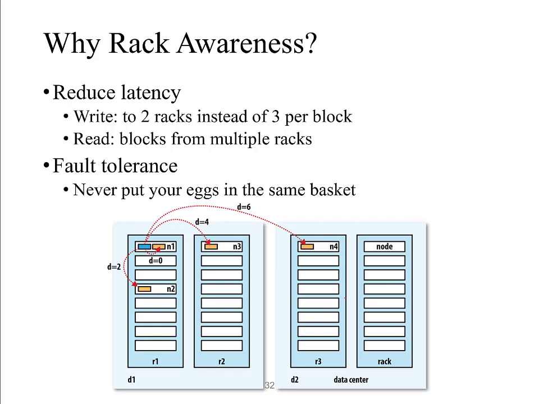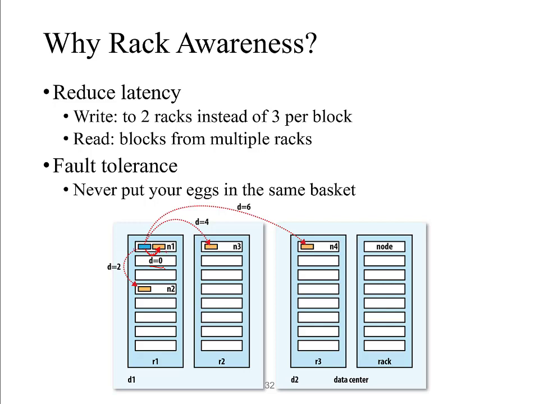All right, the reason that we use this rack awareness is to reduce the latency of write and read while maintaining fault tolerance. The idea is about the speed between different blocks in one node: the speed is the highest and the distance is the smallest, which is 0.